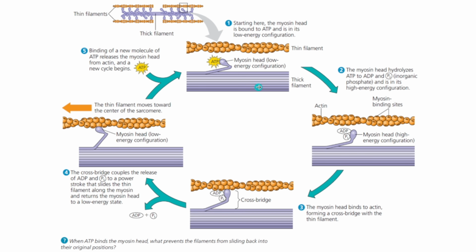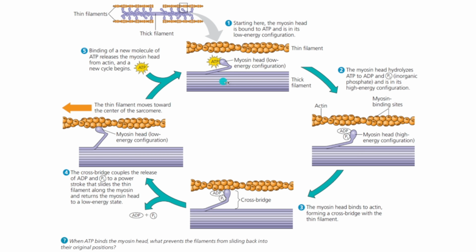What is happening is that your myosin head here is in the low energy configuration state, in the relaxing state. Don't say it is laying down; in scientific terms you need to say low energy configuration state. It will bind to the ATP.